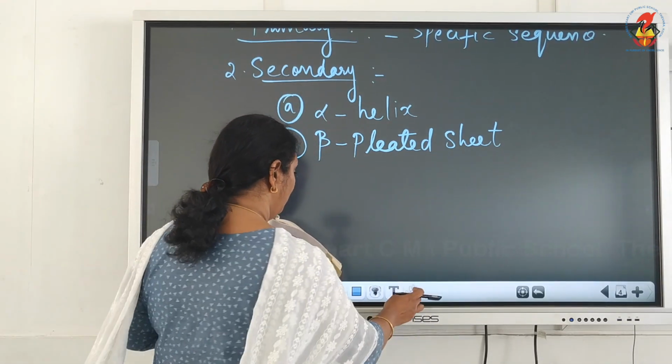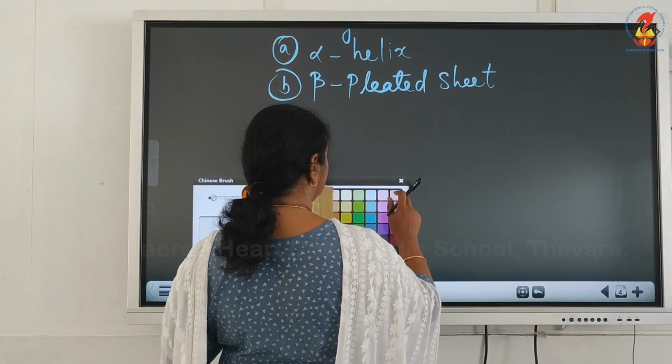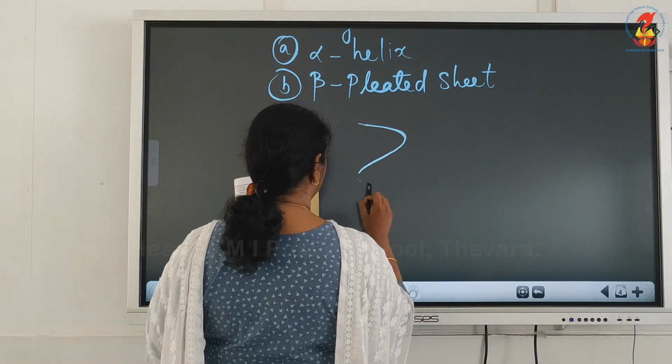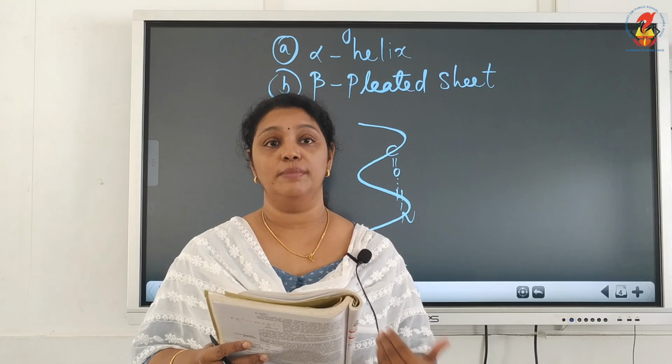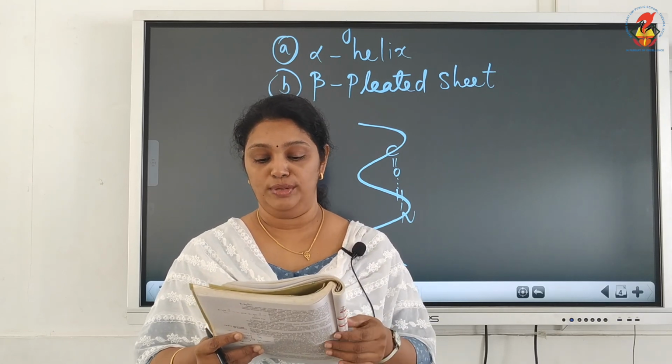So when you draw the alpha helix structure, we can draw like this. Polypeptide chain is folded, and here the CO group in one helix will form a hydrogen bond with NH of another helix. So this is alpha helix structure. So in alpha helix structure we have the maximum possible number of hydrogen bonds.